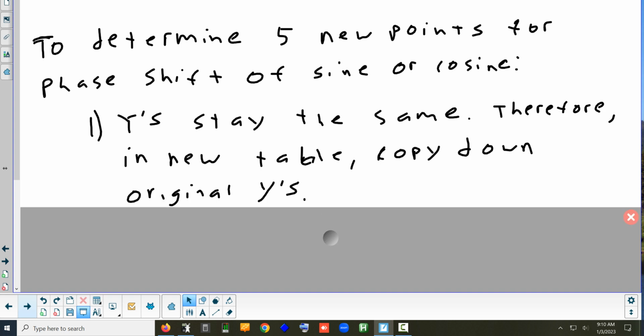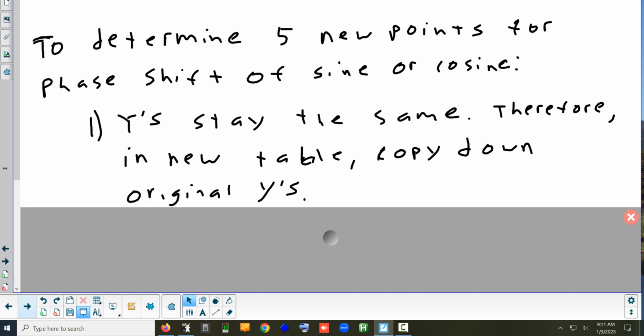Right, so I mentioned before, when you want to graph one of these, you need 5 points. So the first thing you're going to do is look at your table for sine, if you have a reference sheet for the test. In the table that I gave you for sine, you're going to copy down the y values because they stay the same.